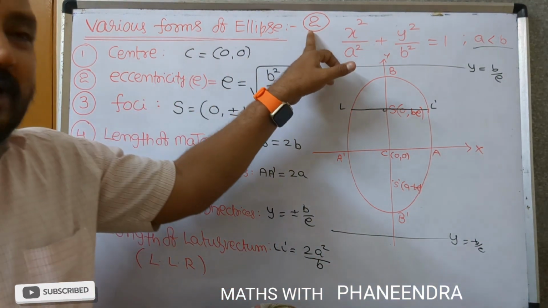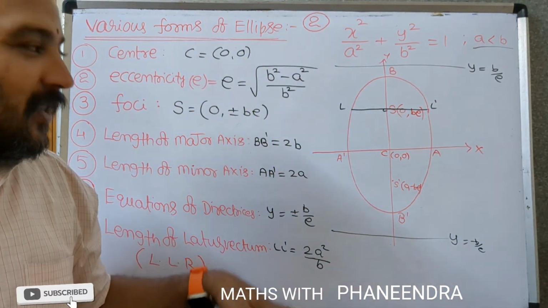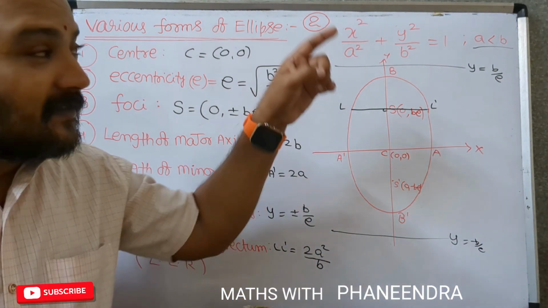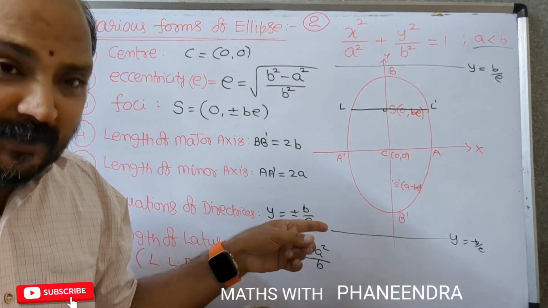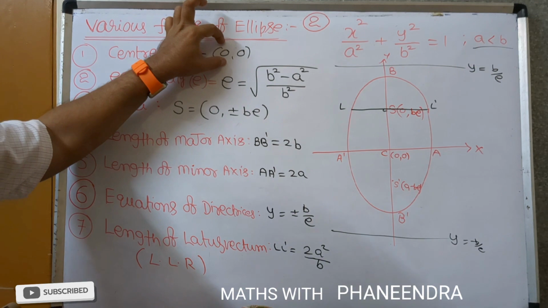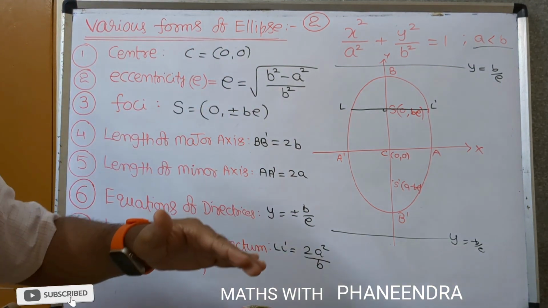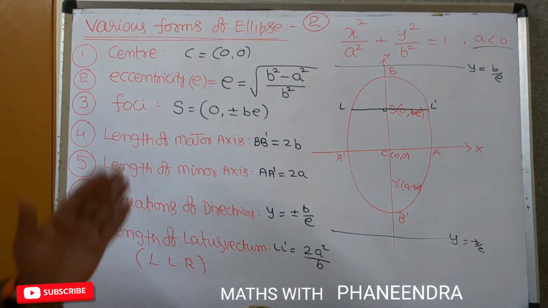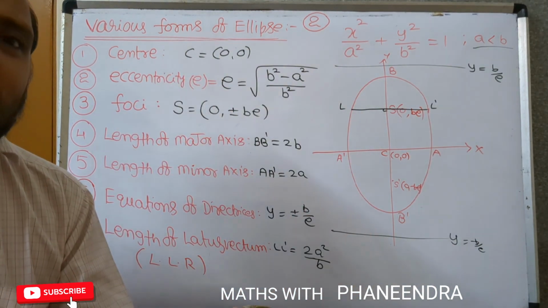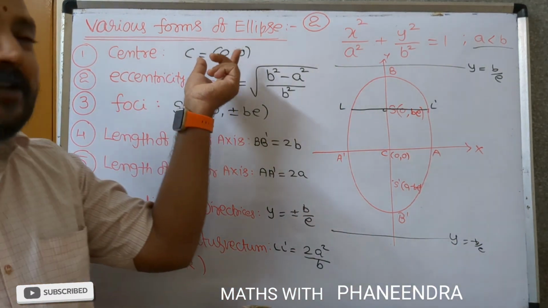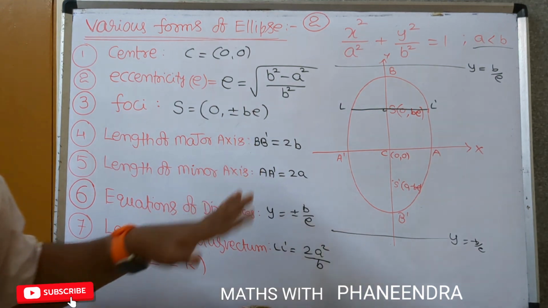Now, the third one we are going to discuss: the A greater than B case like the first one, but the center will not be at the origin. The center will be at H comma K, shifted to some fixed point. How to write that?